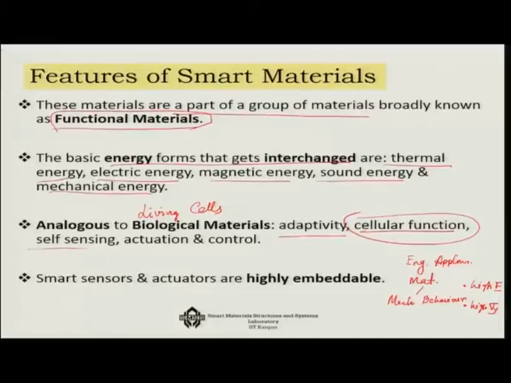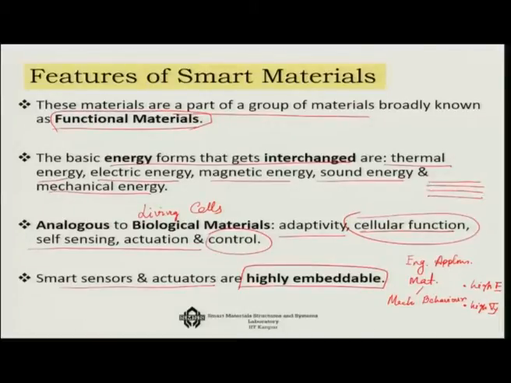They are self-sensing and actuating, which means you can generate forces from them and also use them as a sensor. Not only that, you can control them and change these behaviors. Finally, these sensors and actuators are highly embeddable. We have talked about composites, and in that context this point is important because a composite is developed in a laminar manner.